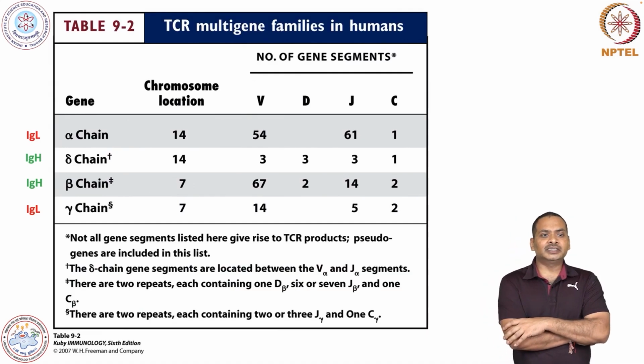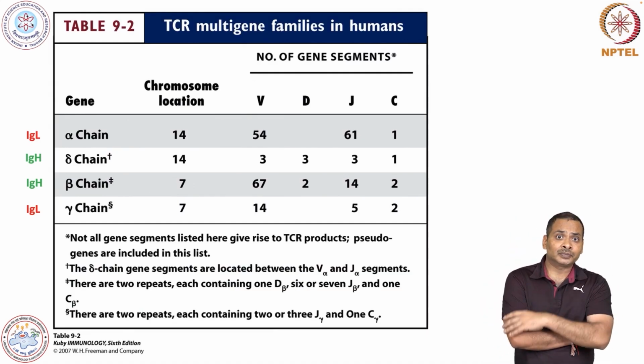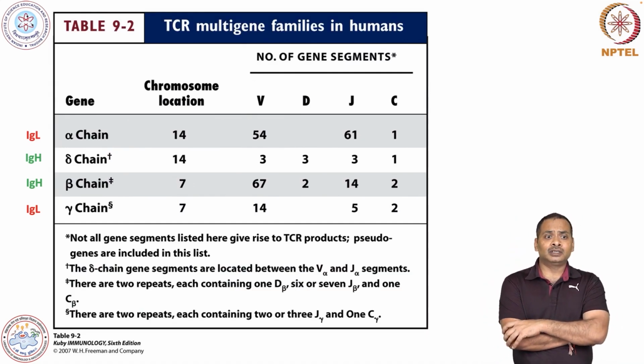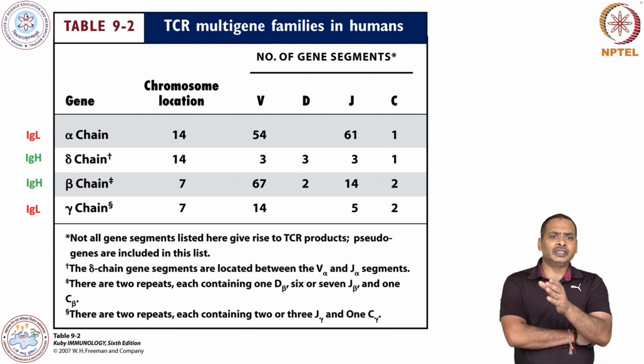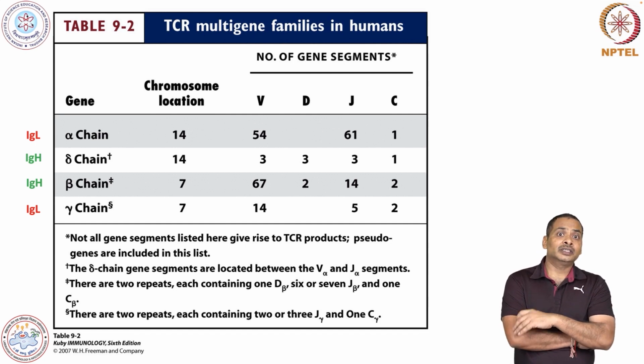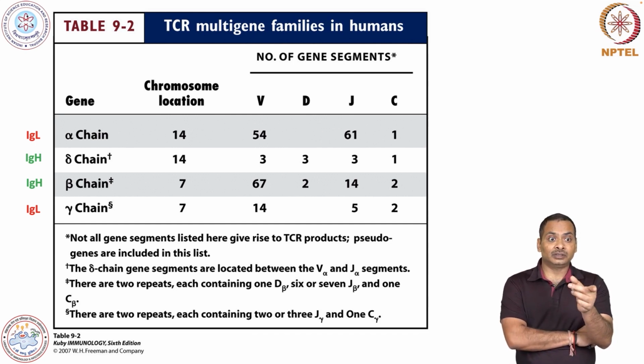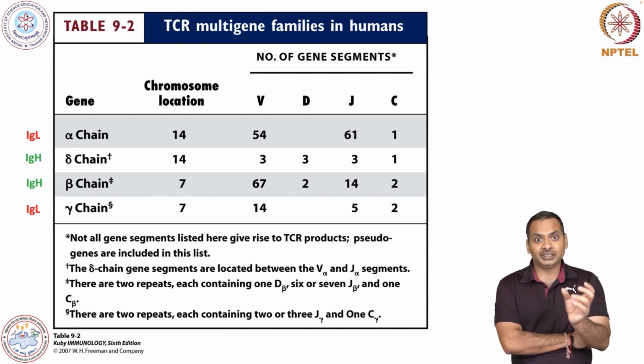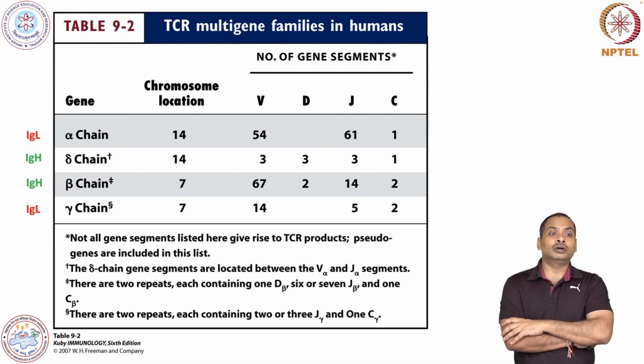Yes, here you can see that in the case of alpha beta, there is alpha and beta, and their chromosome locations are also shown. I told you alpha is like an immunoglobulin light chain, so I wrote it IgL. IgL stands for immunoglobulin light chain.